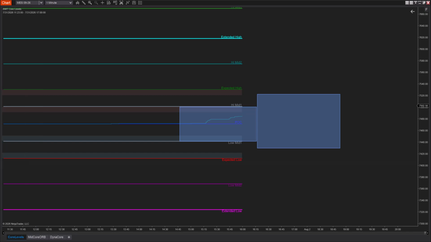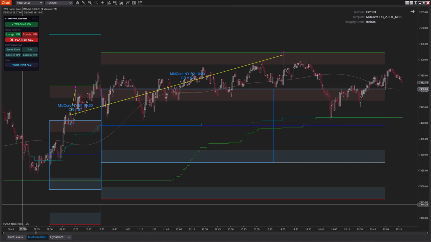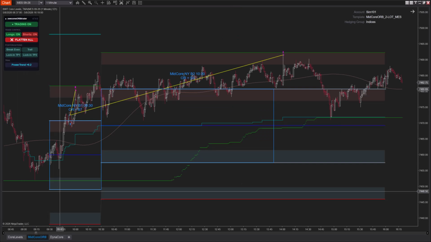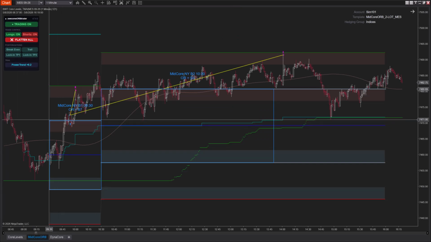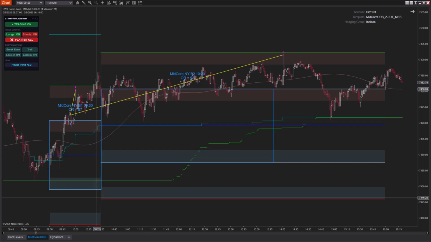So now let's go to the breakout mode. Here's the first breakout mode, which is called the MidCoreORB. As you can see now, this is the opening range, which is the mid low and the mid high. And that's it.